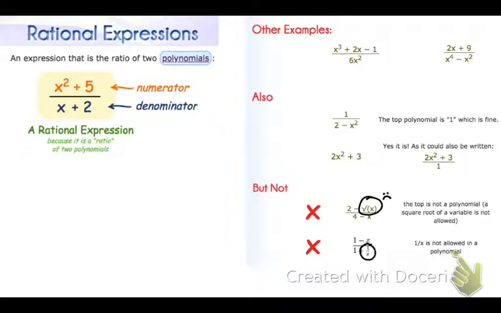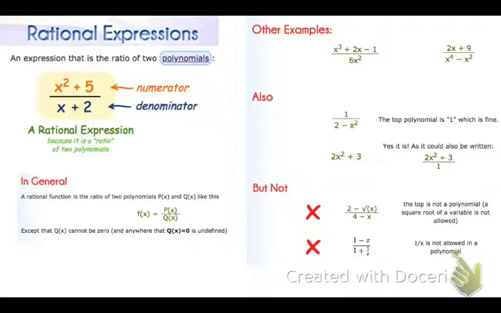This one has the 1 over x, that is also not allowed. So in general, it's just like p of x over q of x, where q of x cannot equal 0 because we cannot divide by 0.